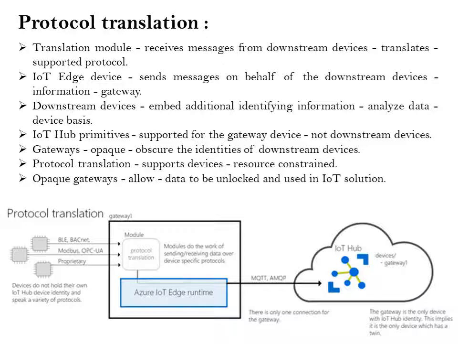Gateways in this pattern are considered to be opaque, in contrast to transparent gateways, because they obscure the identities of downstream devices. Protocol translation supports devices that are resource constrained. Many existing devices are producing data that can power business insights. However, they were not designed with cloud connectivity in mind. Opaque gateways allow this data to be unlocked and used in an IoT solution.